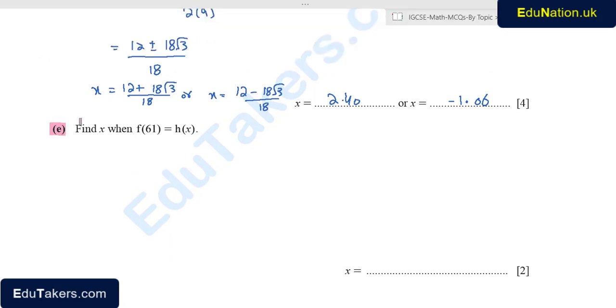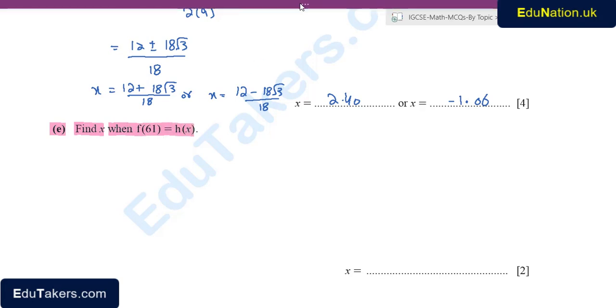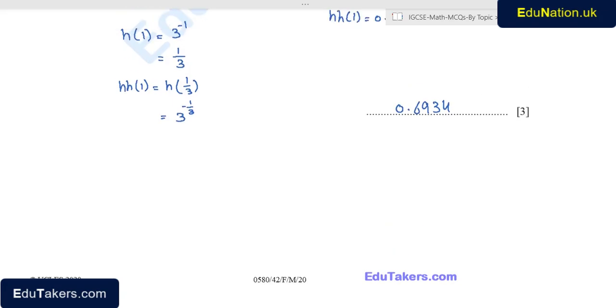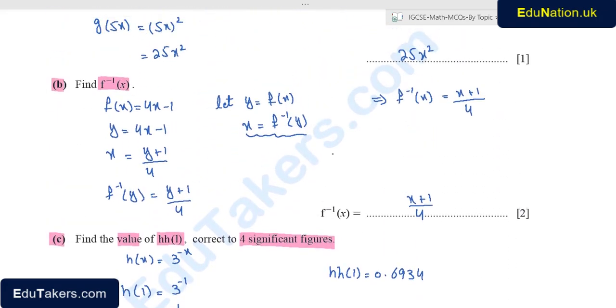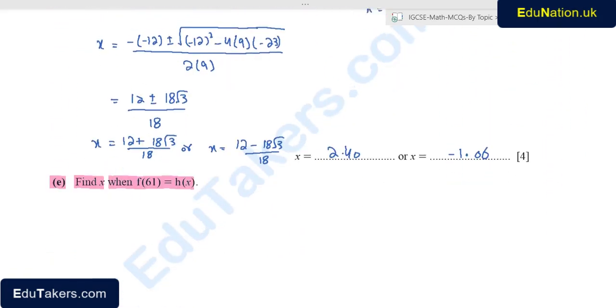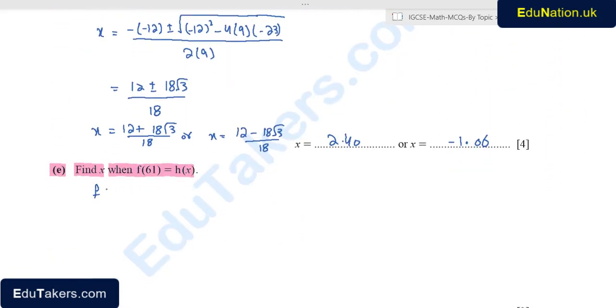Its part E is find x when f of 61 is equal to h of x. Now f of x is 4x minus 1 and h of x is 3 raised to power minus x.